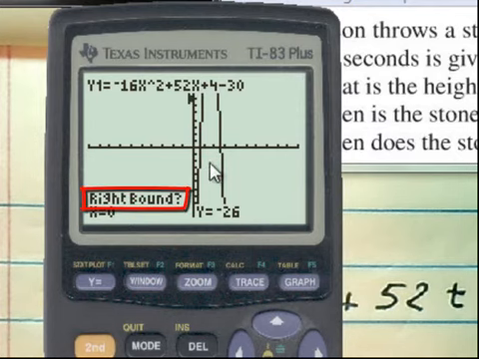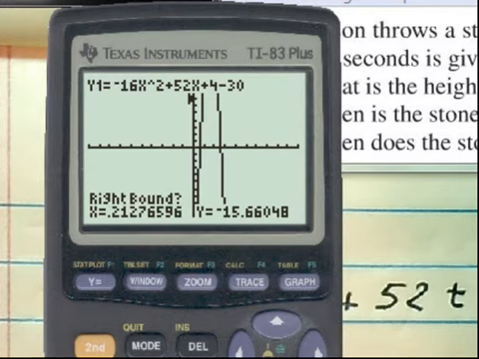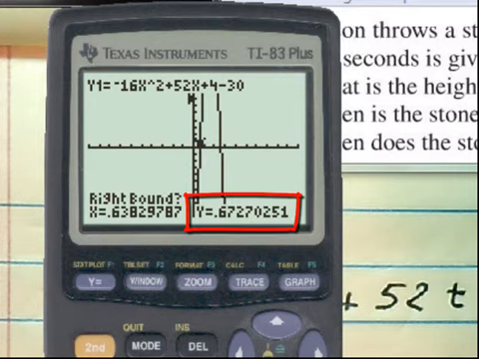Now I have to get to the right of this point. In other words, it looks like it's probably at about 1 or so. So I'll just move to the right till I get there. You can see, number one, the cursor's to the right, but also notice the y value. The y was coming from below, which was negatives, and it's always going to switch either from negative to positive or the other way around when it crosses the x-axis.